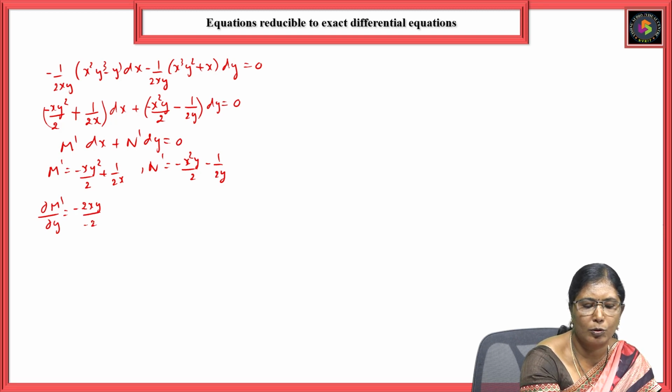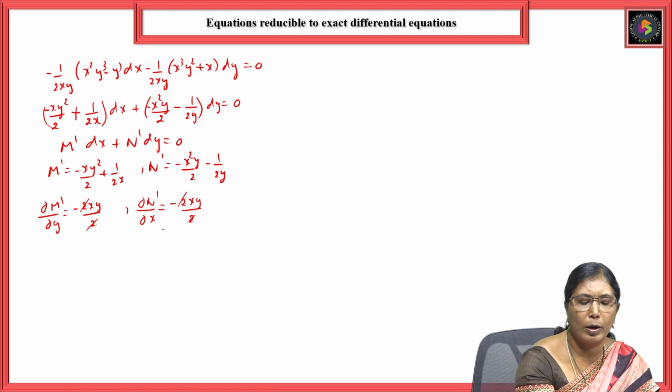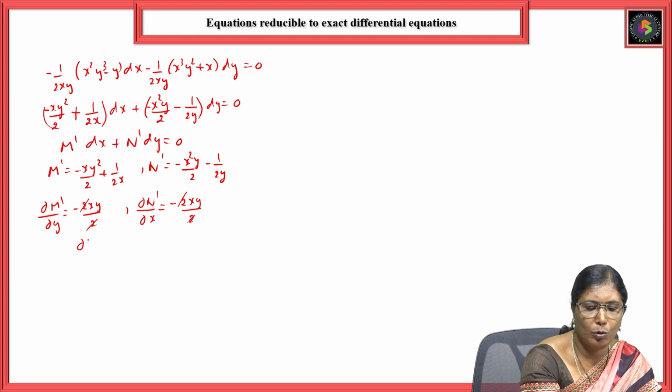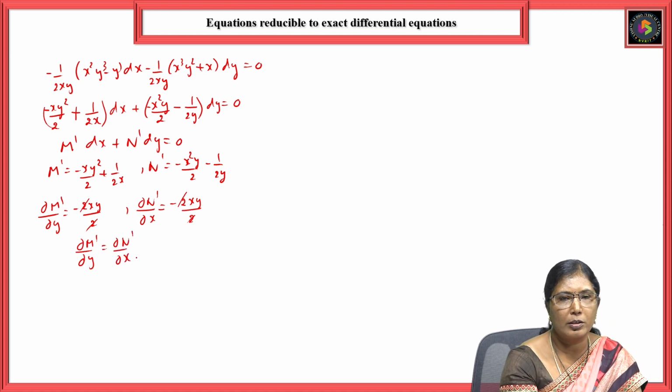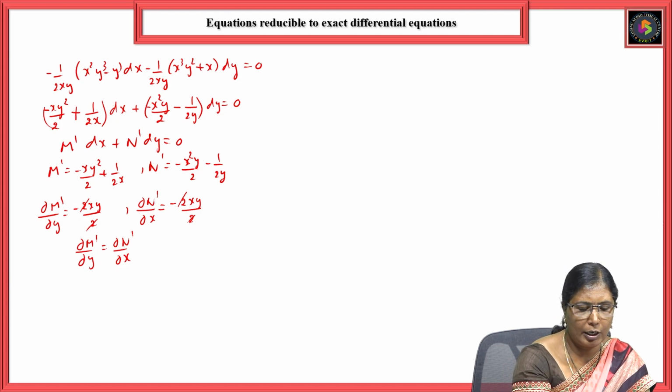Differentiate N' partially with respect to x: we get minus 2xy by 2. So ∂M'/∂y is equal to ∂N'/∂x. So now it is reduced to an exact differential equation.